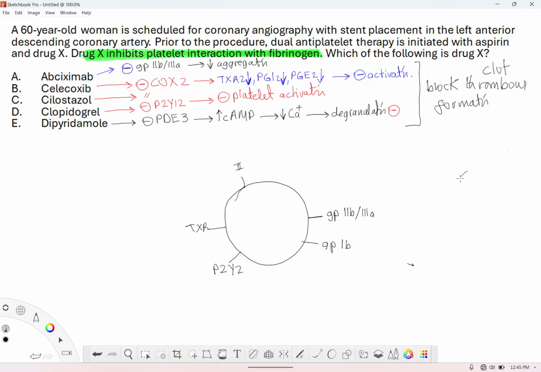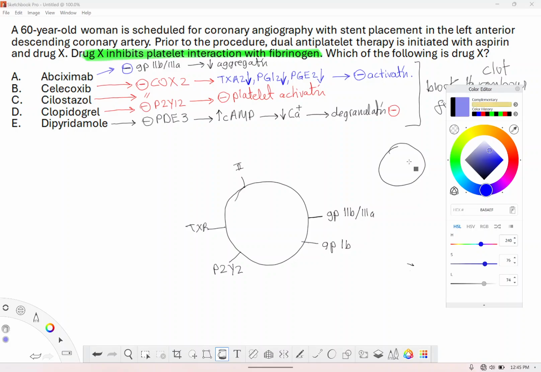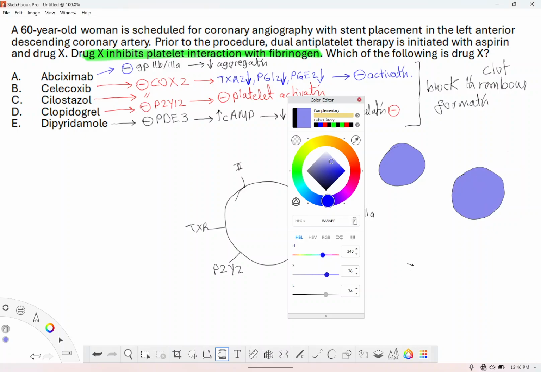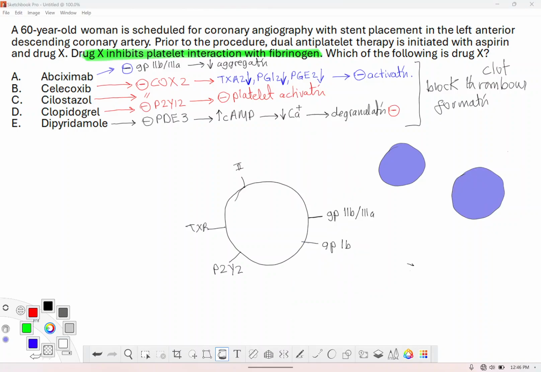Glycoprotein, so let's draw another platelet right here, and there's 2 platelets. Okay, and I'm going to color it for you. 2 platelets, that's 1 and that's 2. So these 2 platelets have the receptor on their surface called glycoprotein 2b3a.